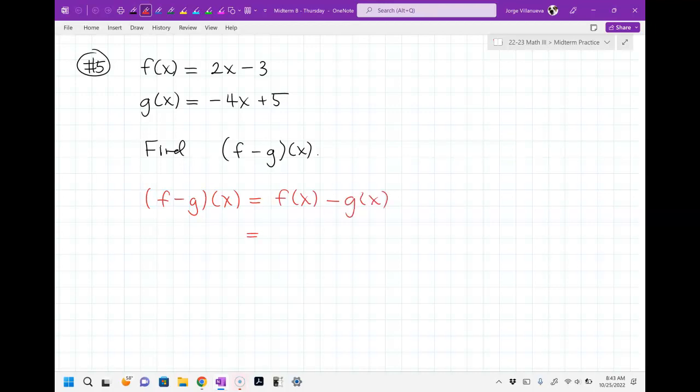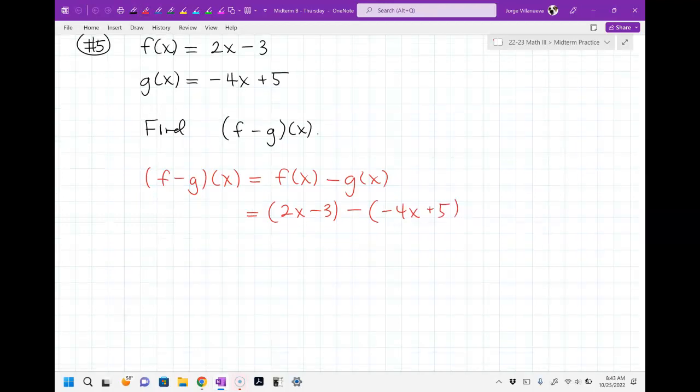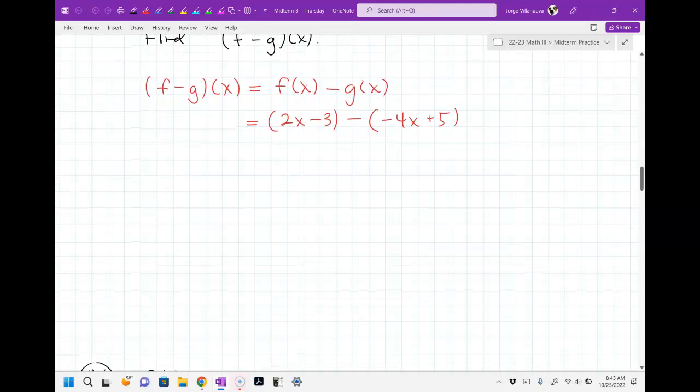So I'm just going to write them down. F of x is 2x minus 3 minus g of x is -4x plus 5. Now my job is to distribute that negative into the second parenthesis. So 2x minus 3 plus 4x minus 5, and then just simplify.